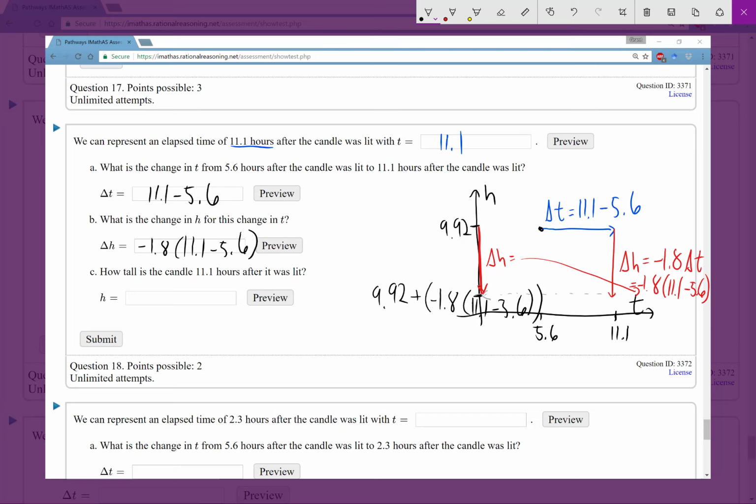We know that the new height, or the height of the candle 11.1 hours after it was lit, is equal to the initial height plus whatever this change in height was. Now we can always use this way of thinking to determine how tall the candle is given any value of t, or given any number of hours since the candle was lit.